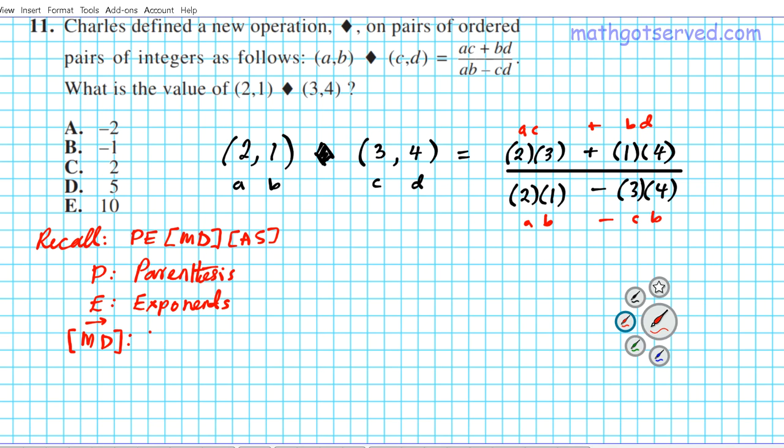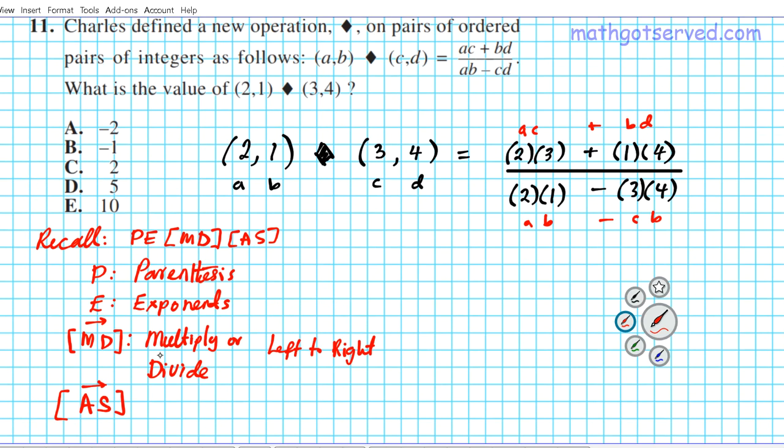So M stands for multiply, or divide, from left to right, whichever one comes first. The same principle applies to AS in PEMDAS. Addition and subtraction are done at the same time, but whichever one shows up first from the left is the one that you do first.